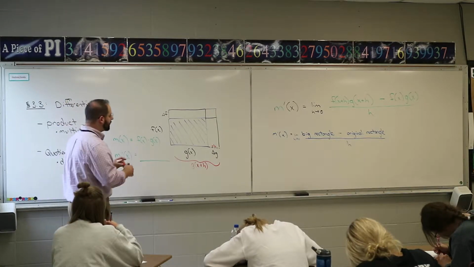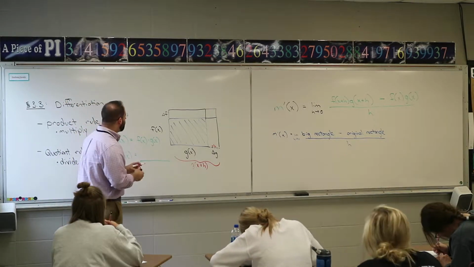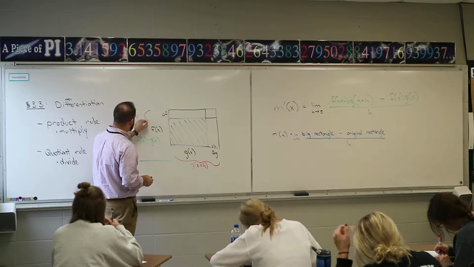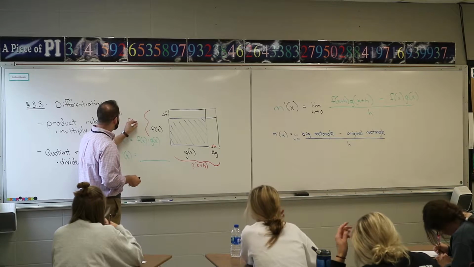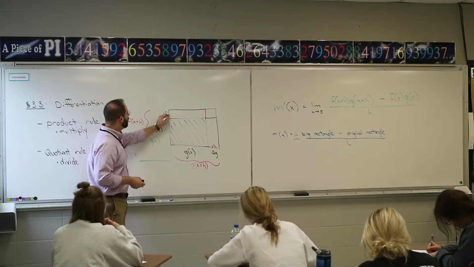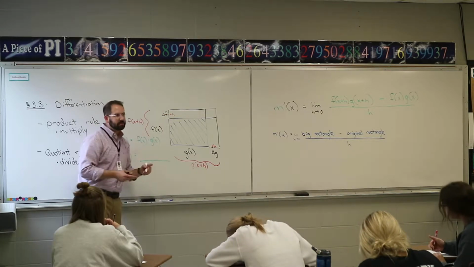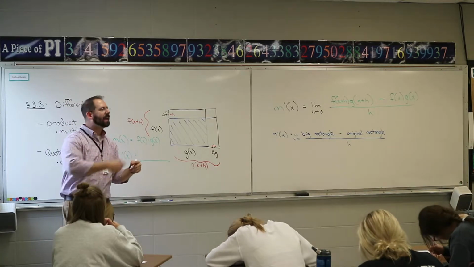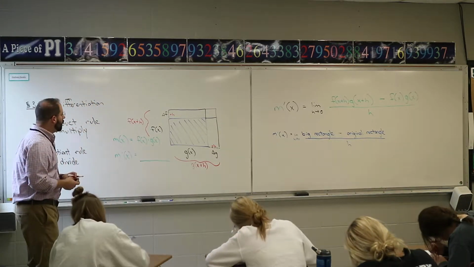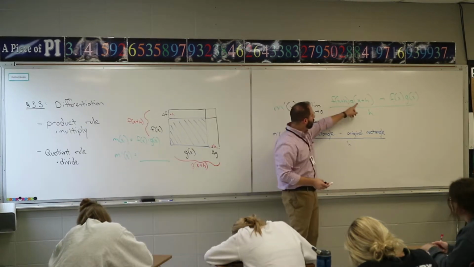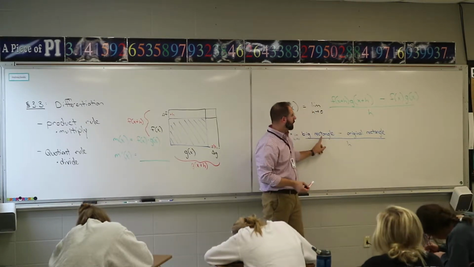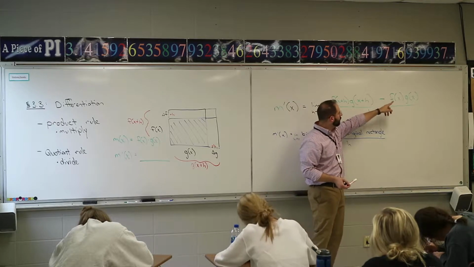So that whole wall is x plus h. What is this wall then? It's adding that little extra h on, because that's what this little delta f means. It means that change, I added a little bit extra. And that's why they're coming up with this. That's why when they multiply the length and width, they're still finding the area of the big rectangle, and they're subtracting the area of the original rectangle. That's how I'm looking at this picture. That's the best way I've learned it.